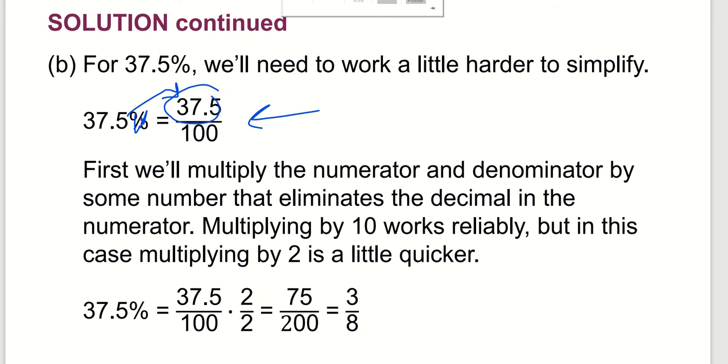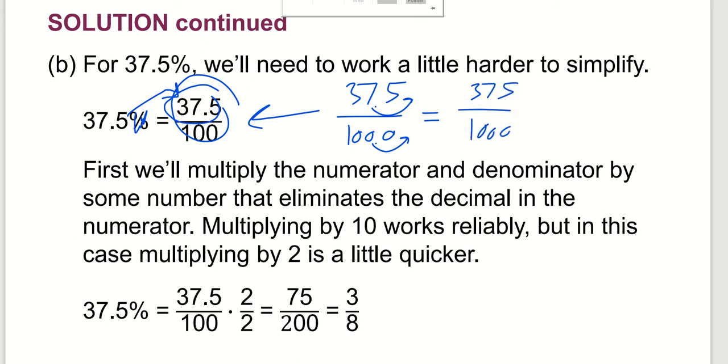We can correct this by sliding the decimal spot in the numerator however many places we need to make a whole number, which would be 1 place to the right. If we do that in the numerator, then we also have to do that in the denominator, slide the decimal spot 1 place to the right. And that tells us that 37.5 over 100 is equivalent to 375 over 1,000.